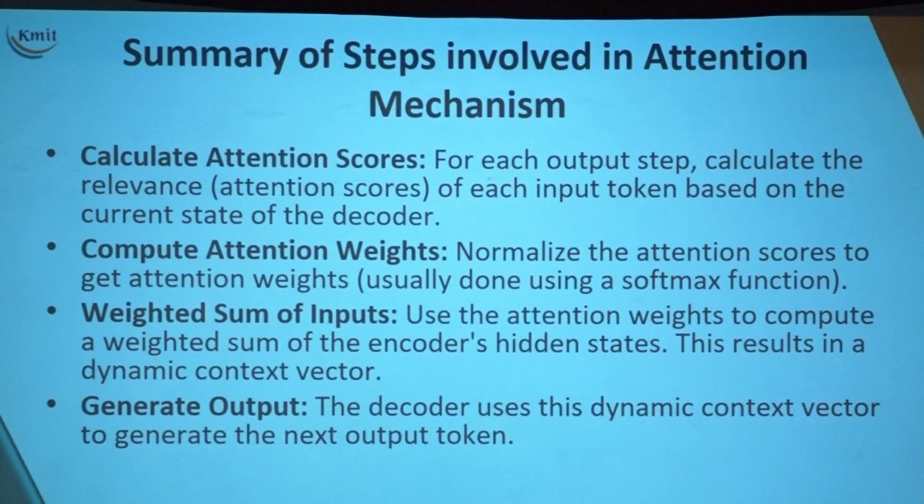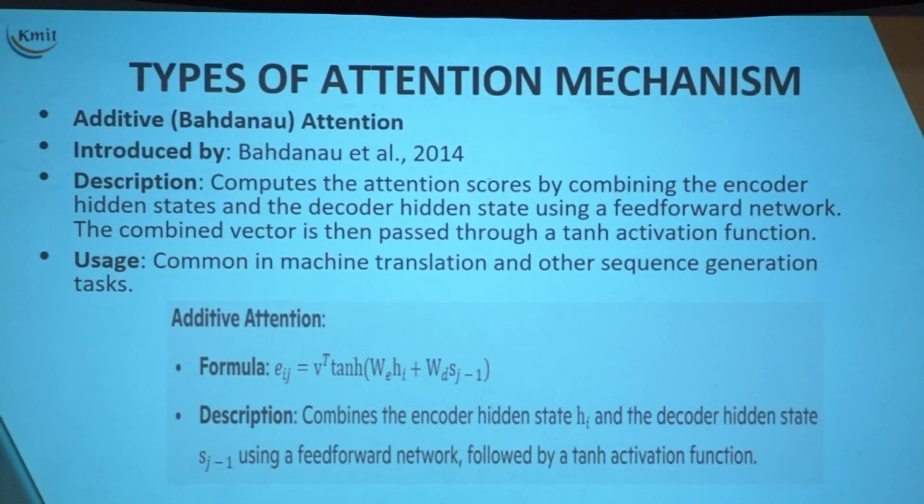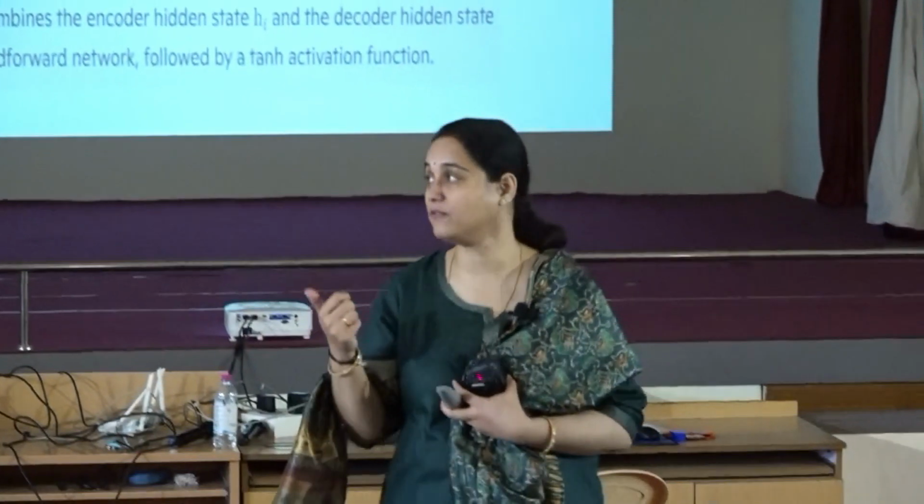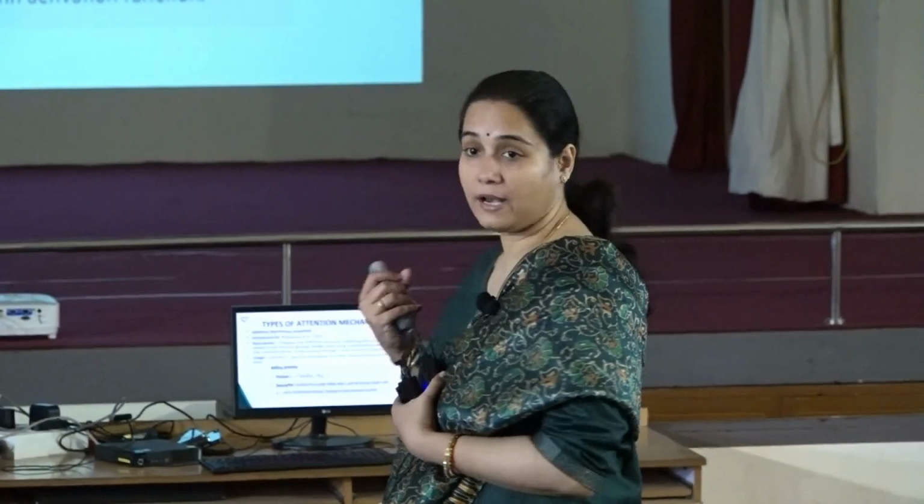I have already briefed you on this slide. Different types of attention mechanism. Different types will come from the strategy that you are using in that attention. For example, to calculate the attention score, if you are using addition, then you will go for this particular type of attention. We call it additive attention or Bahdanau attention.